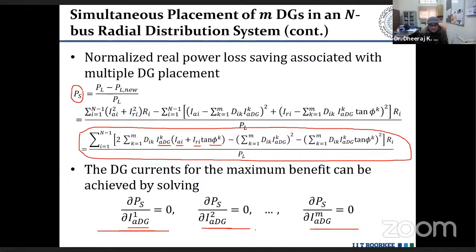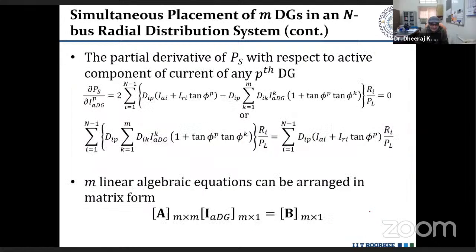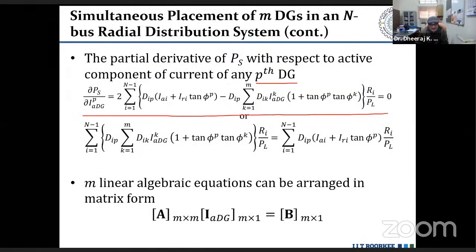By this way we will get M equations and there are M variables, so we can determine the active component of DG currents. The partial derivative of power loss saving with respect to the DG current of any pth DG can be expressed by this, and this should be equal to 0.